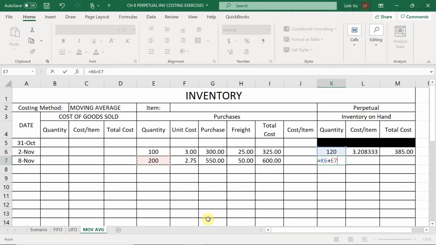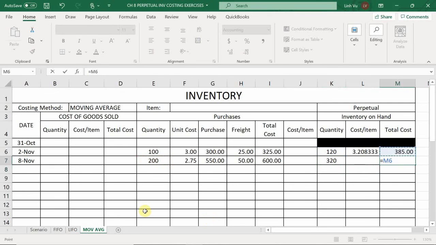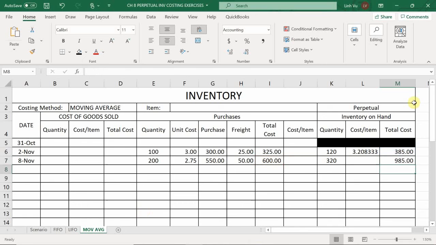So we take 120 plus the 200 we just bought gives us 320. Good. And the 385 plus the 600 gives us 985. Good. And we divide the 985 by the 320.